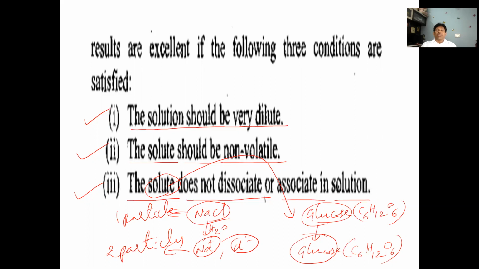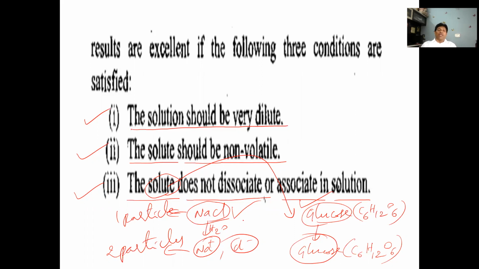When the solute does not dissociate or associate in the solution, we can apply colligative properties to determine the gram molecular weight of the solute. Now tell me, the results will be excellent when you determine the gram molecular weight of glucose or of NaCl?